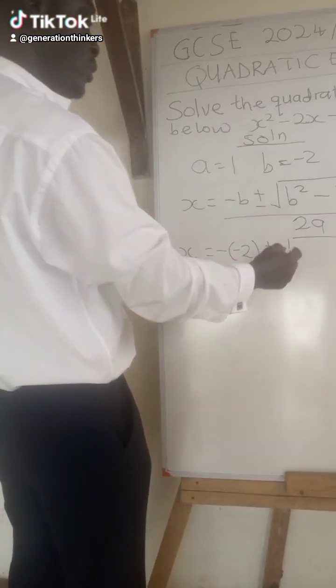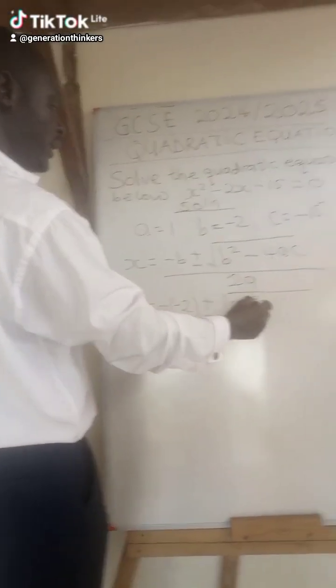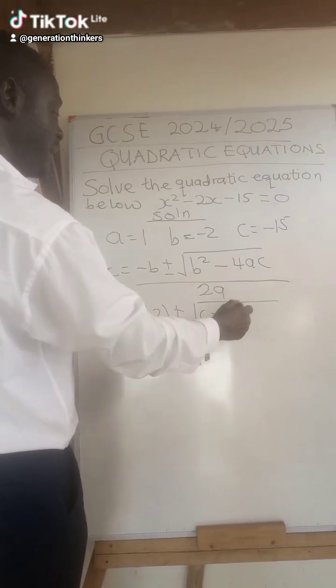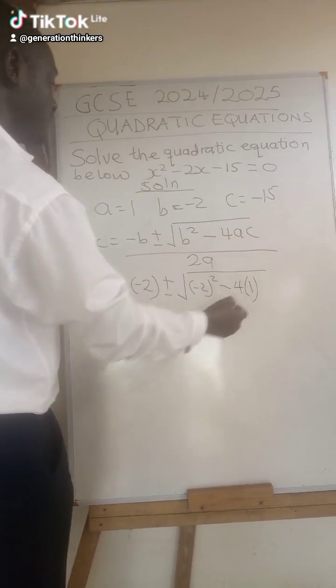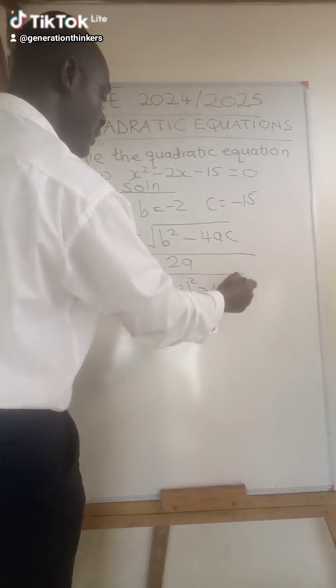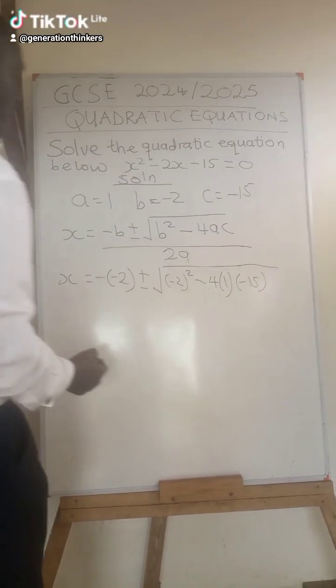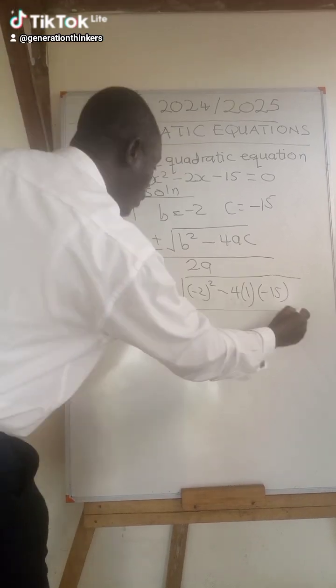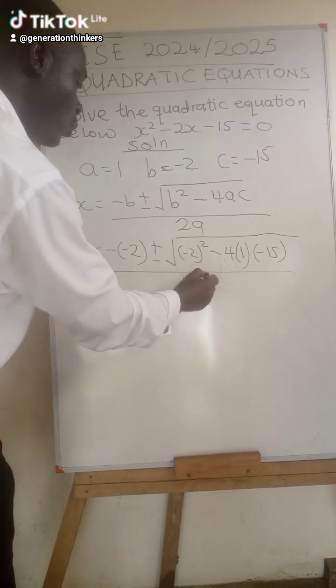Then b is negative, so we write it in brackets, negative 2, all squared, minus 4 into brackets a is 1, and then c is negative 15. Now, all over 2 times a, so the a is 1, so you place 1 here.